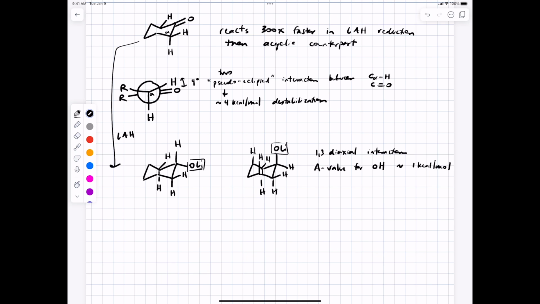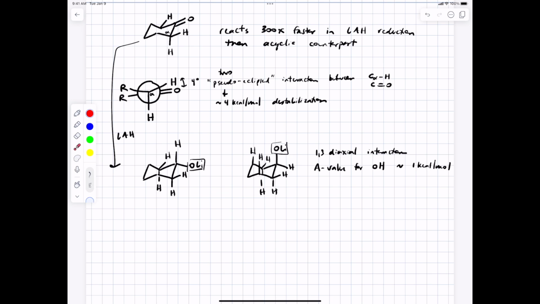So we're taking two pseudo-eclipsed interactions that together are worth about 4 kilocalories per mole, getting rid of those, and replacing them with, at worst, a 1 kcal per mole destabilization due to a 1,3 diaxial interaction. So overall, by the reduction, we're reducing angle strain and torsional strain, a net favorable effect. Reduction of torsional strain pays for the introduction of 1,3 diaxial interactions.